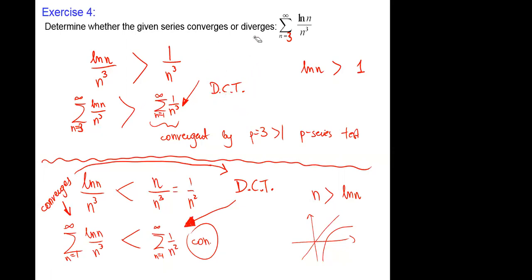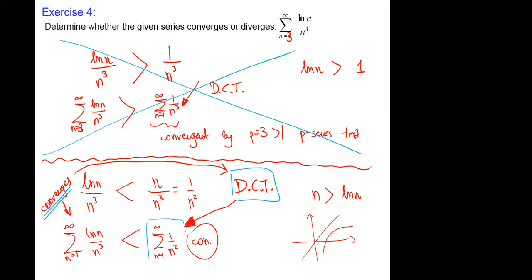I can even cross that out. It's still good to go through, but it doesn't work. It is convergent by the direct comparison test, comparing with 1 over n squared. Okay, what else do I have?